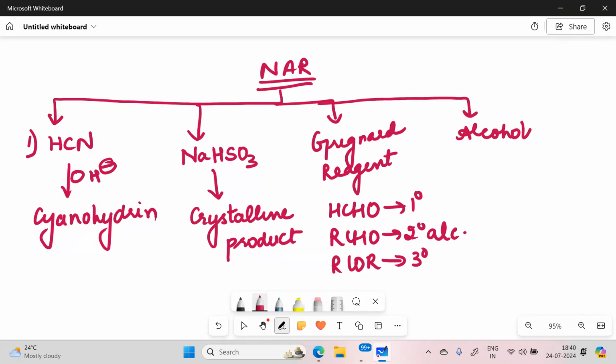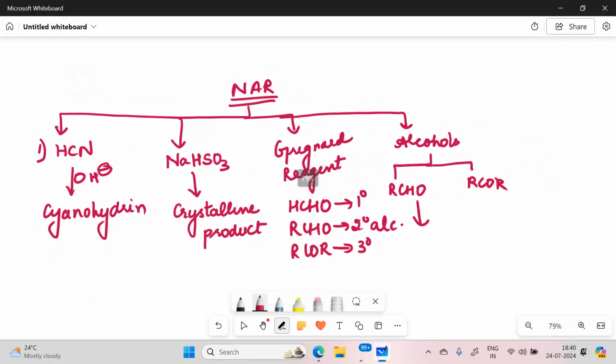Now next reaction we did with alcohols. Bhumika, you tell me with alcohols. Now this reaction is different for aldehydes and ketones. With aldehydes, the aldehyde gets added to an alcohol in the medium of dry HCl gas, and then a hemiacetal is formed with OH and OR.